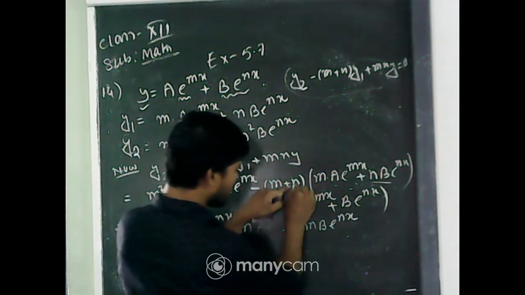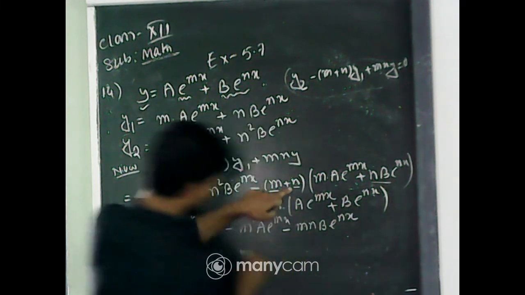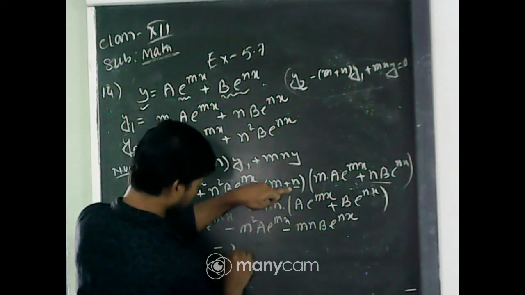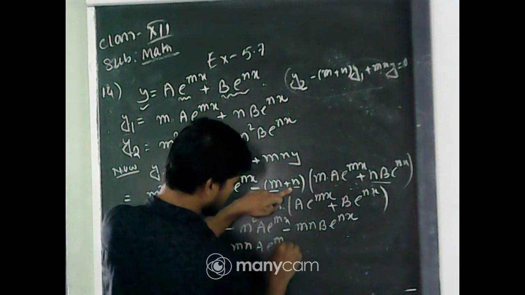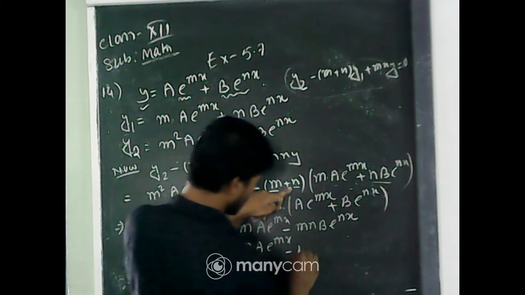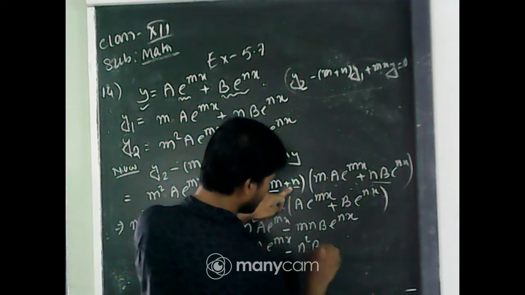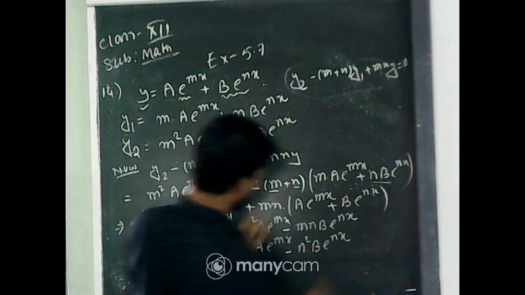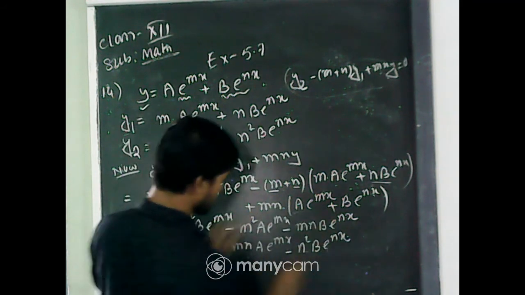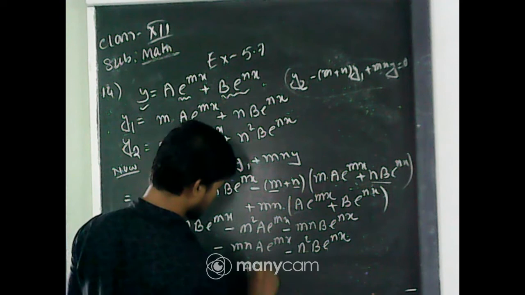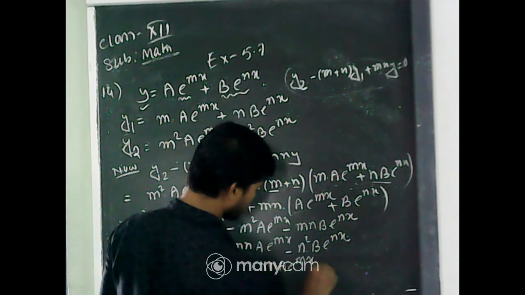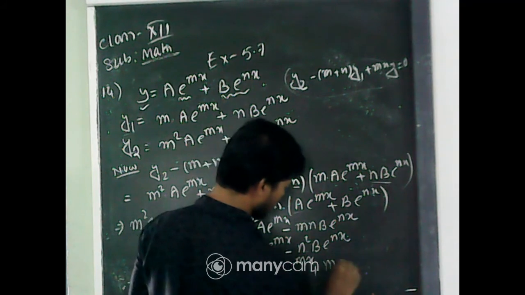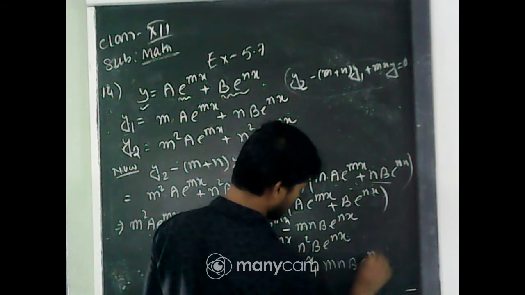Now n multiplied by this will be minus mn a e to the power mx minus n square b e to the power nx, and now mn multiplied by this will be plus mn a e to the power mx plus mn b e to the power nx.